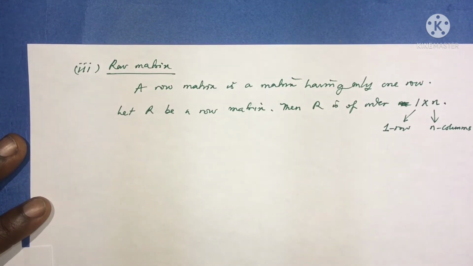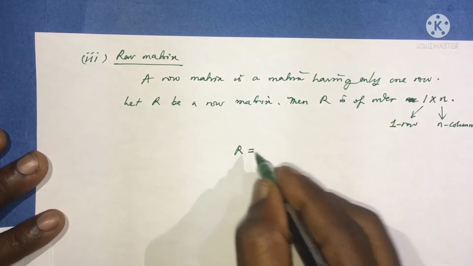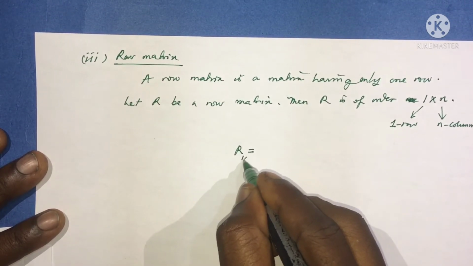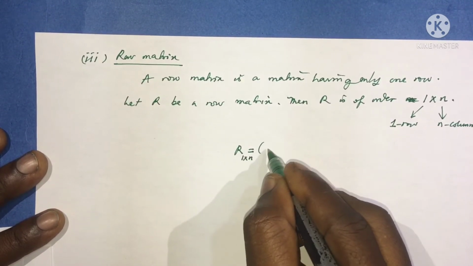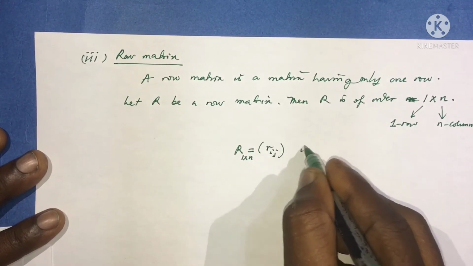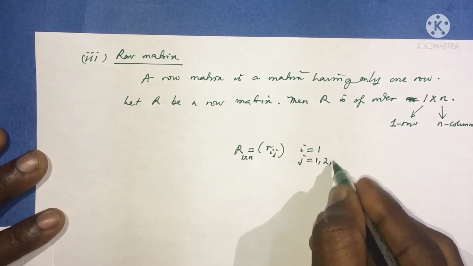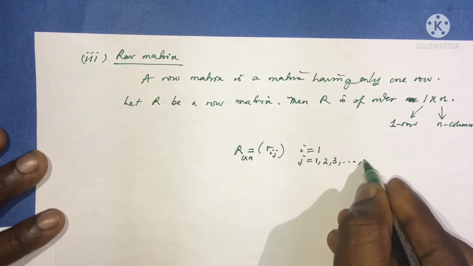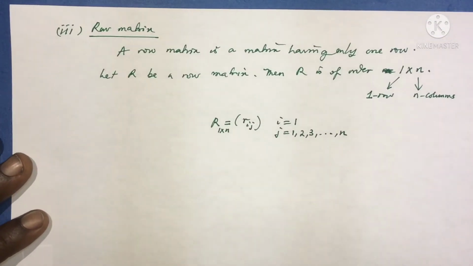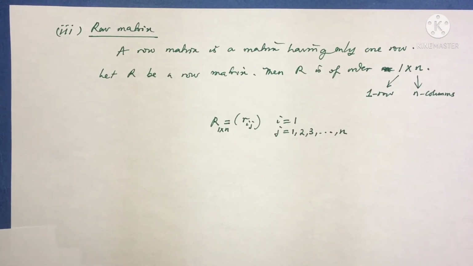Now, if you wanted to write out R in abbreviated notation, then we will write it as 1 by n equals Rij, i equals 1, j equals 1, 2, 3 to n. So this is a row matrix. Okay, take note.